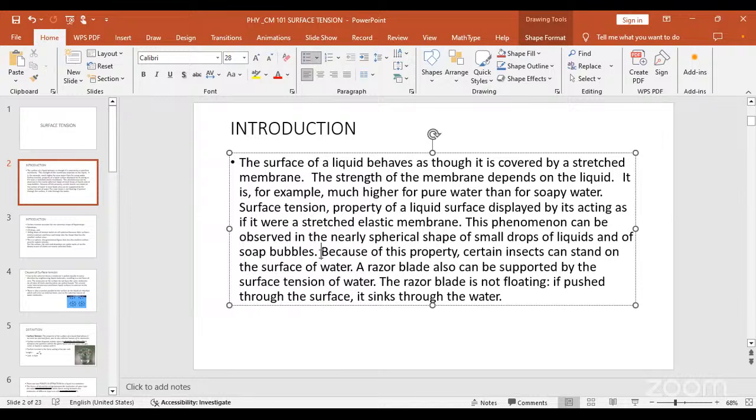Else, we could be talking about Archimedes' principle.